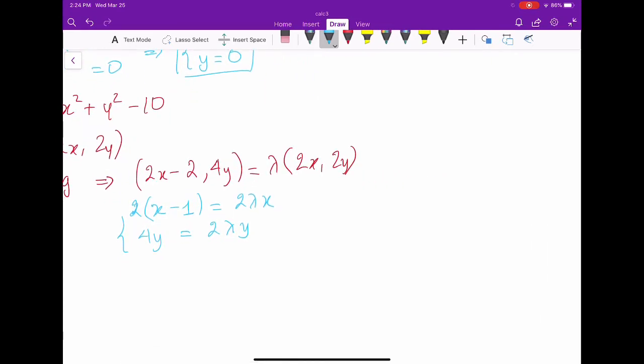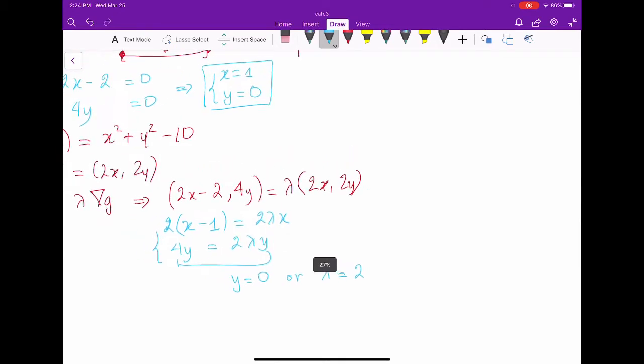It's interesting. From the second equation, you will see that y equal to 0, or lambda equal to 2. Make sense?